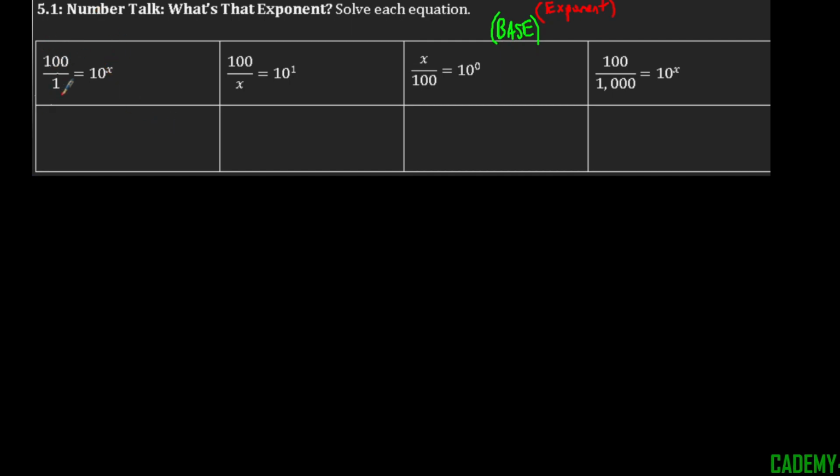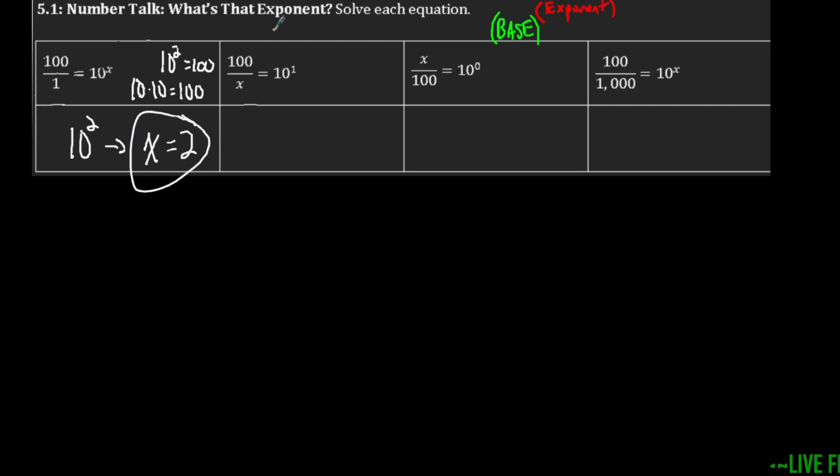It says 100 divided by 1 is equal to 10 to the power x. Well, if we say separately that we know that 10 times 10 equals 100, that also means that 10 squared is equal to 100.